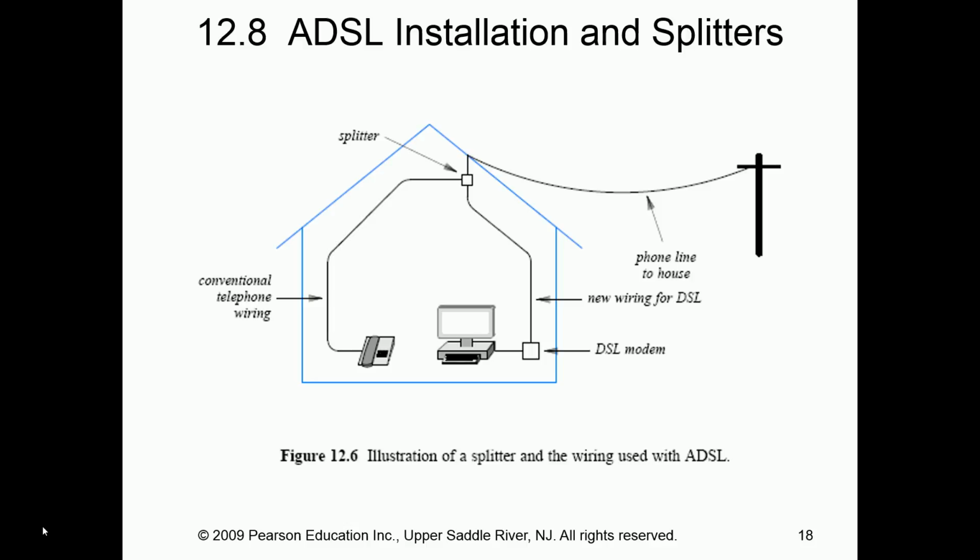The splitter filters out traffic one way for the phone and the higher frequencies for the DSL modem. What that allows you to do is talk on the phone without getting the higher frequencies, so you don't get the frequency buzzes or hums. It also allows the DSL modem not to get any of the lower frequencies. That way they're only dealing with the higher frequencies. It allows for the best performance.